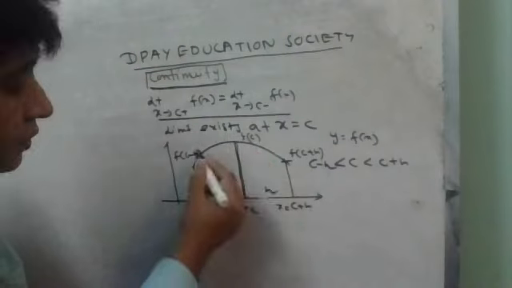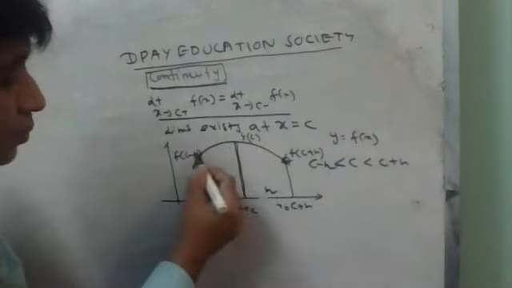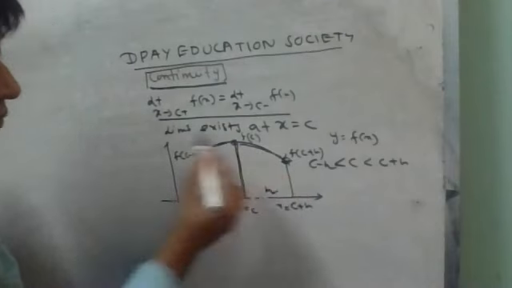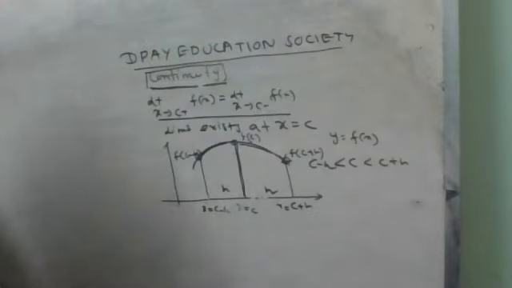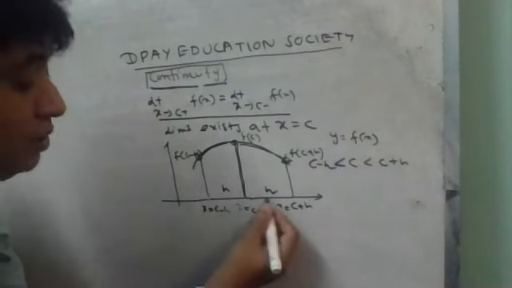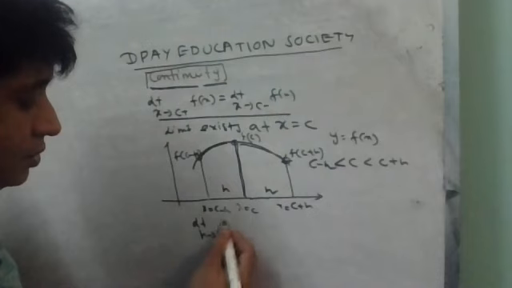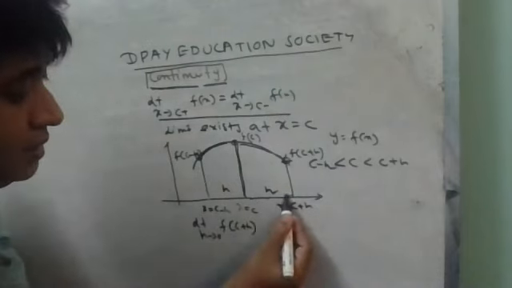Now, if from both sides these two points approach this point, and if they meet each other, that means the curve will be smooth or continuous. How will it be possible? If h tends to 0, f(c plus h), meaning h is being reduced.